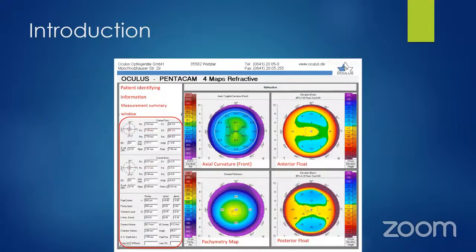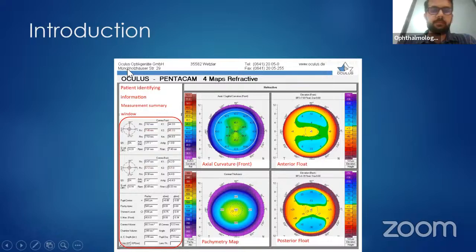So not going into the theory, but going directly into how to read the report is what we had talked about last time. Here, can you see my cursor moving? On the left-hand side top would be the patient identifying information, the measurement summary window.